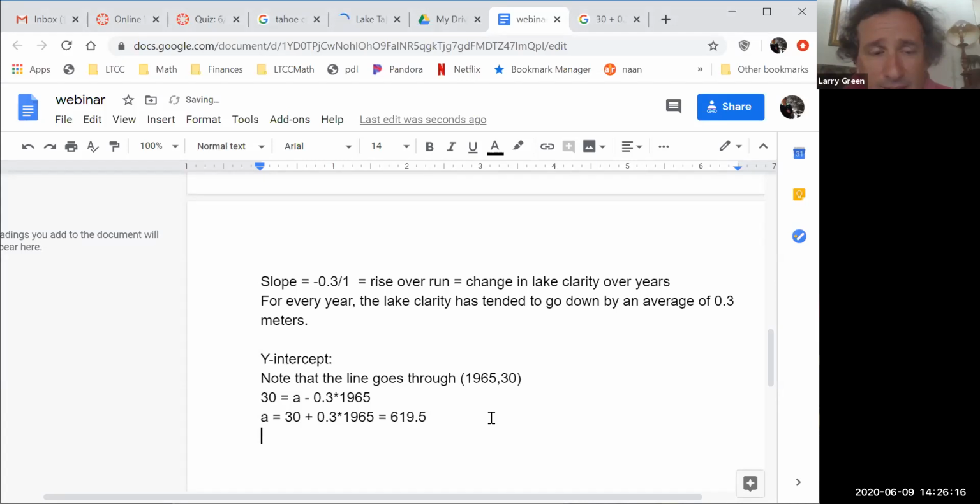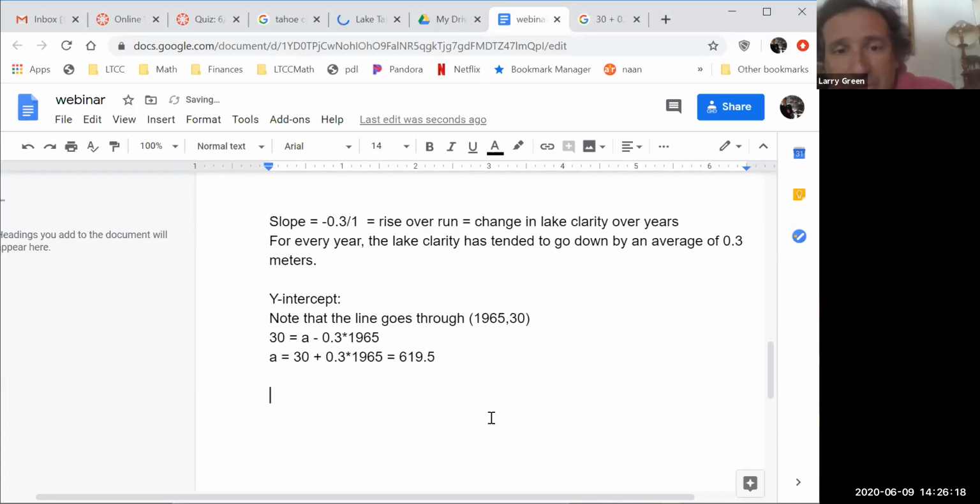Okay, so that means, and again, we're doing the eyeballing, and I'll show you how to do it better later. That means that we can say y hat. We tend to use y hat, not y, because it's just an estimate, is equal to 619.5 minus 0.3x. Any questions at all on getting the equation of the regression line just by eyeballing?